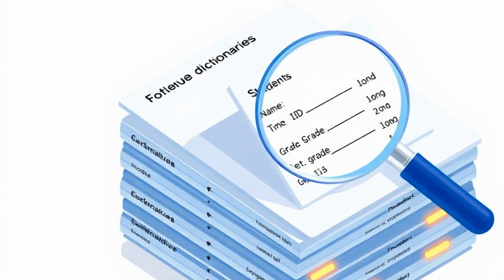Iterating through dictionaries might seem a bit different from lists because of the key-value structure, but Python offers versatile ways to do it. You can iterate directly over the keys using a for loop, as keys are the default when looping over a dictionary directly: for key in person_details. For explicit clarity, or if you only need the keys, you can use person_details.keys().